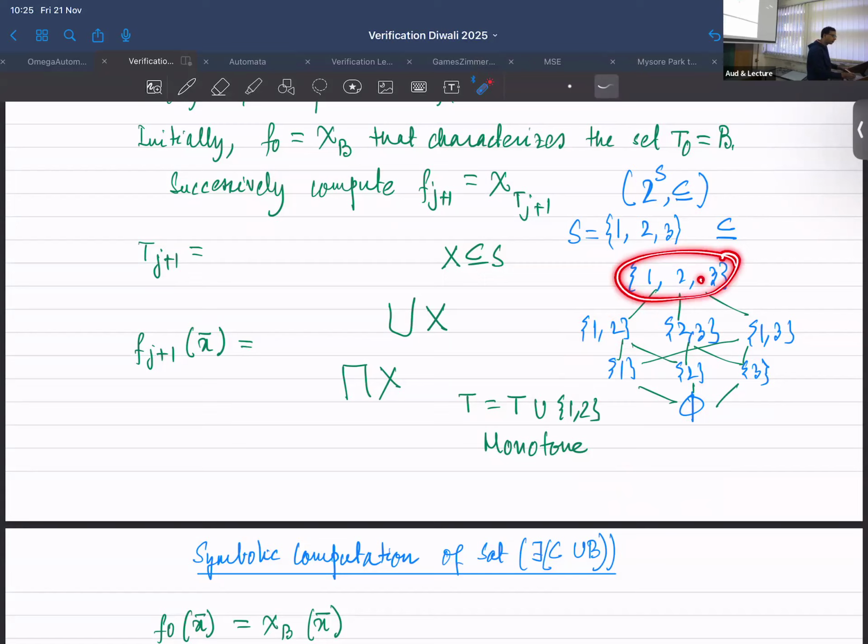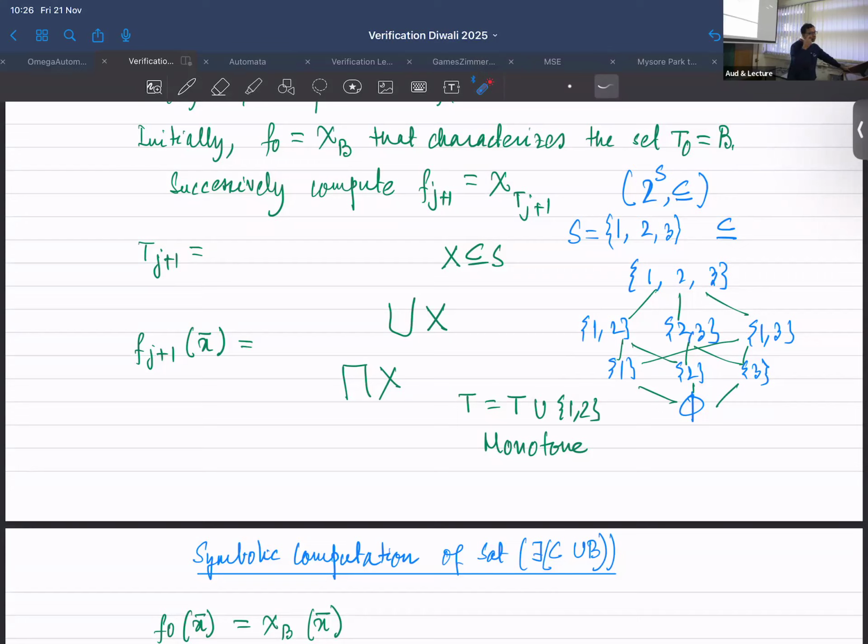This is also a fixed point. So one fixed point is this, another fixed point is this. This is my least fixed point, and this is my greatest fixed point. Is it clear? Similarly, whenever you are doing these iterative operators and you stop somewhere, it means you have reached a fixed point.